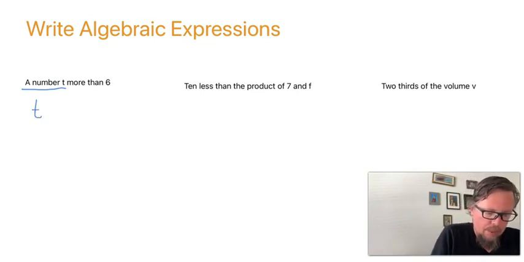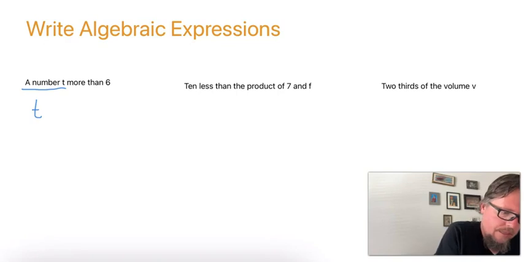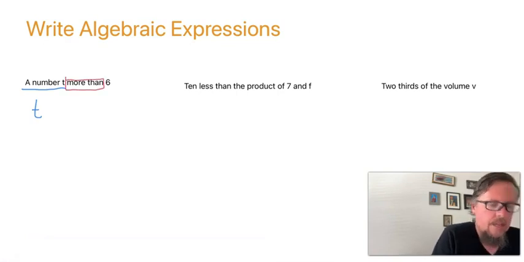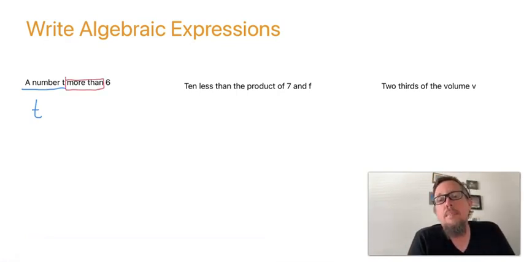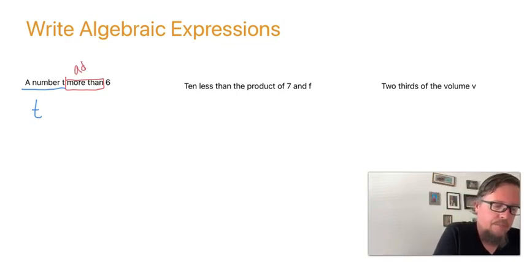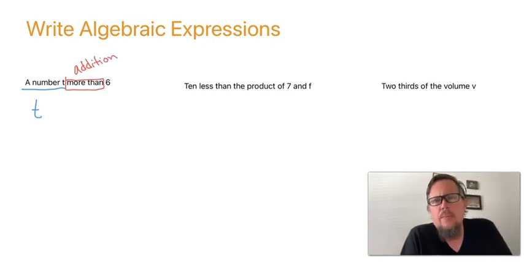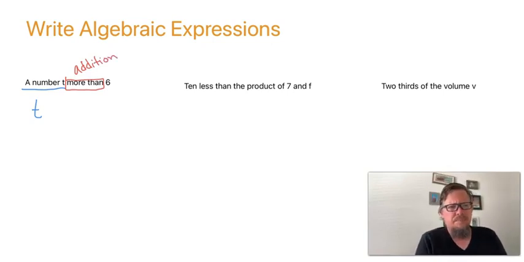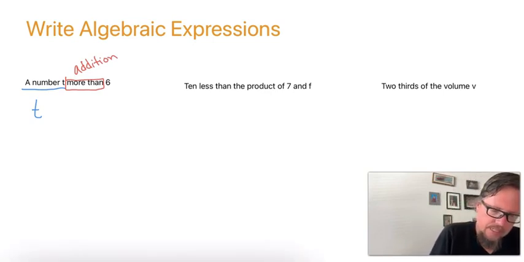And then more than is the mathematical phrase that means plus. When you see more than, that means addition. And then our last thing in the sentence is 6. So one way you could write this is t plus 6.